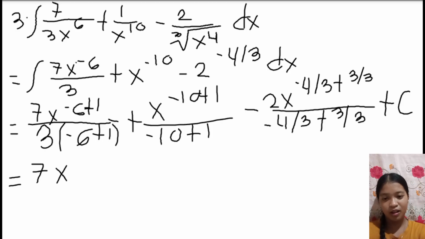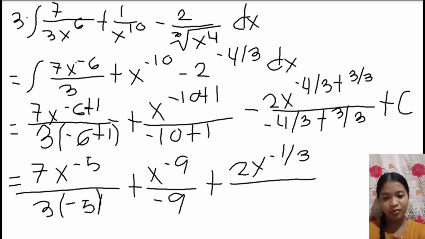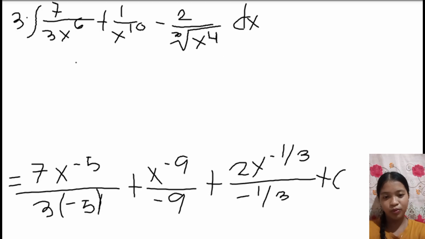Then calculate it. It will be 7x raised to the power of negative 5 over 3 times negative 5, plus x raised to the power of negative 9 over negative 9. Then minus and minus will become positive, so plus 2x raised to the power of negative 1 third over negative 1 third, plus c.